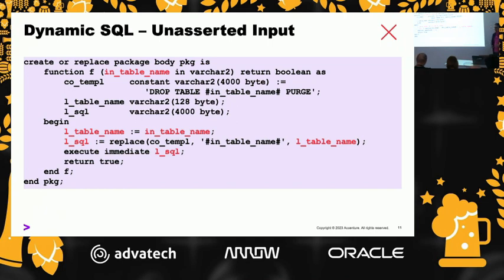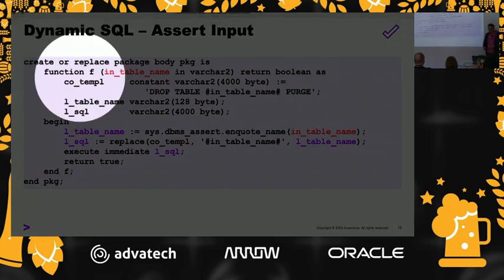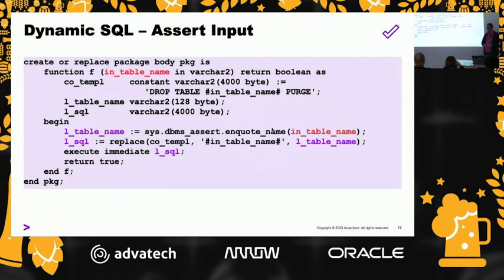So you can take a lot of time arguing, is there really a SQL injection possible or not? But don't do that. My recommendation is don't do that. Just fix your code and assert it and make sure it's not possible to do a SQL injection.